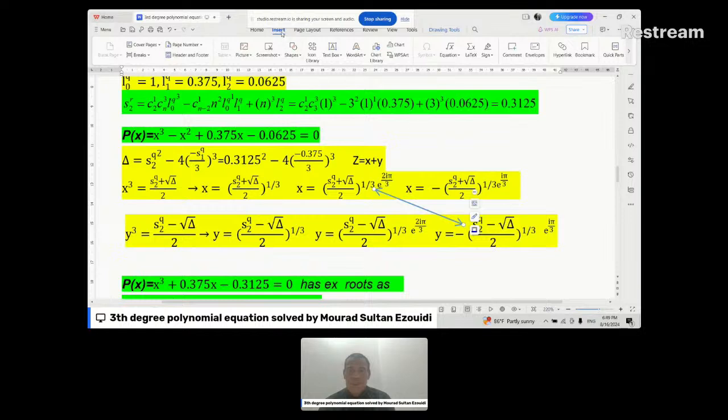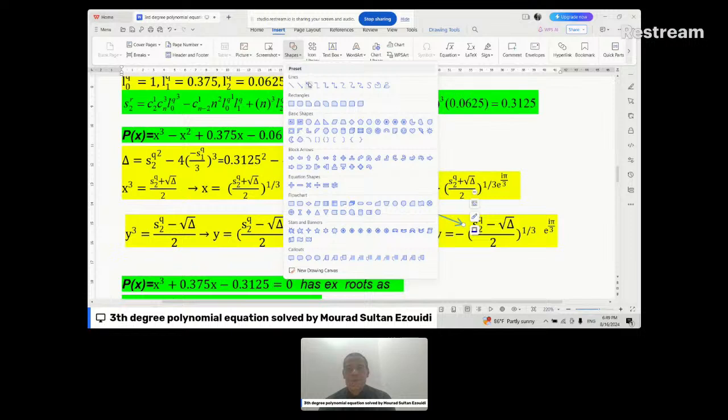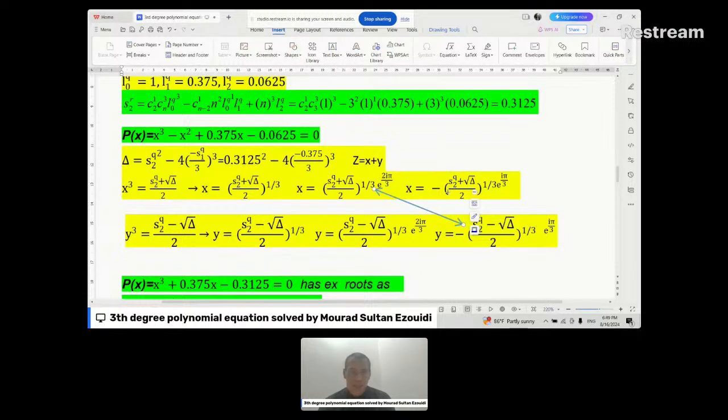Here we multiply the cube root of minus q over 2 plus root of delta divided by 2 by minus exponential i pi over 3, plus the cube root of minus q over 2 minus root of delta divided by 2 multiplied by exponential i pi over 3.